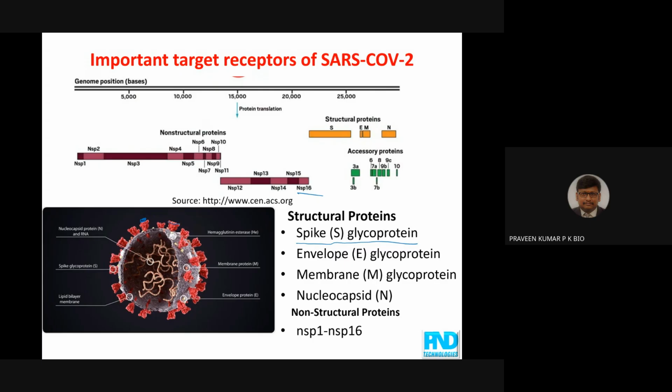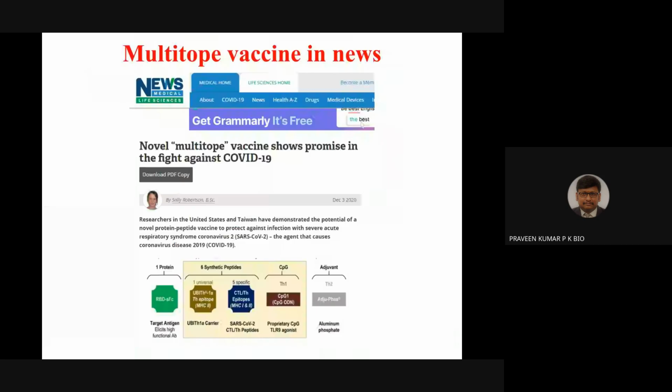It has a corona-like shape, so we call these coronaviruses. The spike is one of the structural proteins. The other structural proteins are envelope, membrane and nucleocapsid. So in total, 16 non-structural proteins and 4 structural proteins are present in SARS-CoV-2.